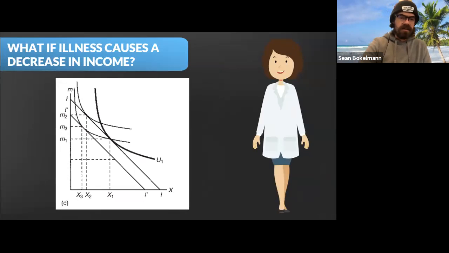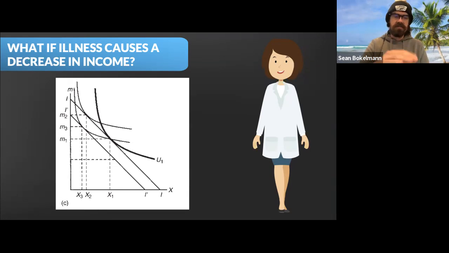So here, looking at the original budget constraint, the one that is higher, we have U1, which is the utility without illness, and then the two thinner indifference curves. The one that's higher tells us about the consumption bundle if there was no change in income, right?